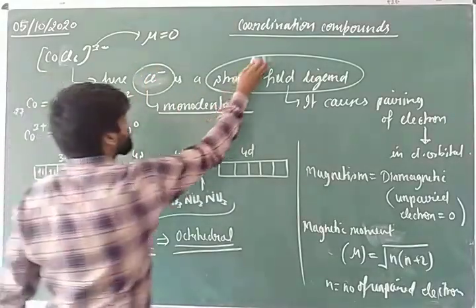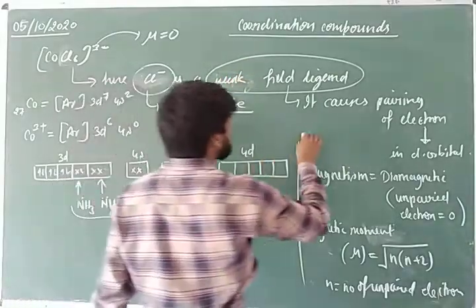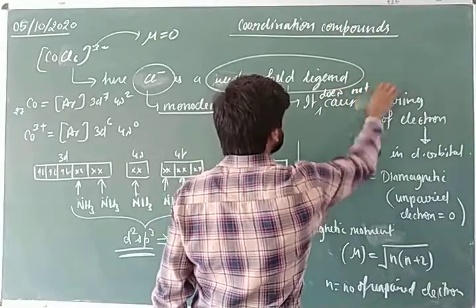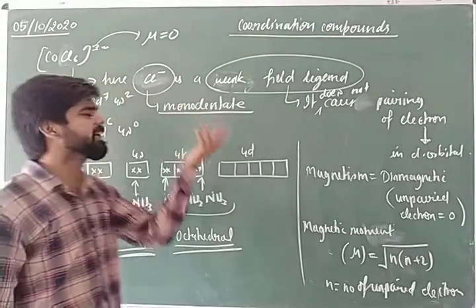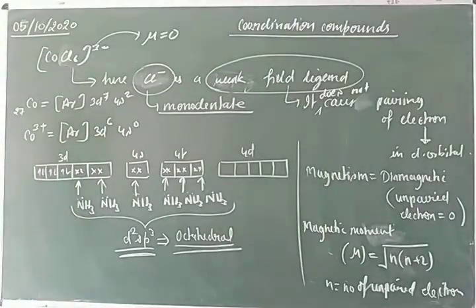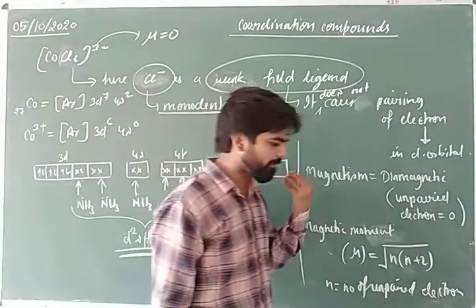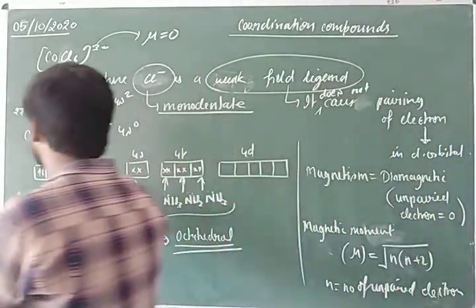Chlorido ion is a weak field ligand, and it doesn't cause pairing of electrons in the d orbital. So you can fill the electrons by the general method, following Hund's rule and the Pauli exclusion principle.